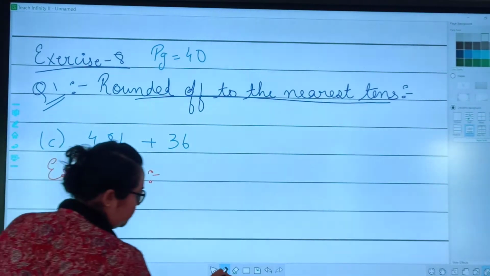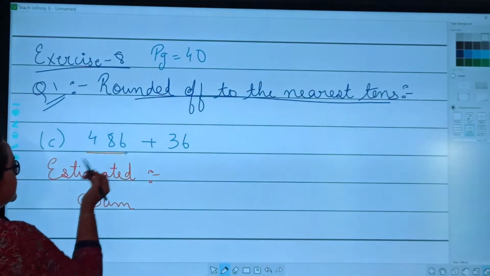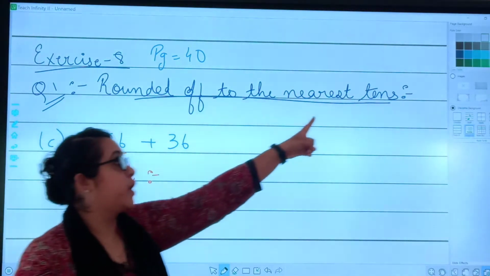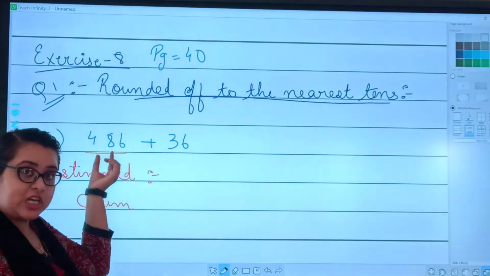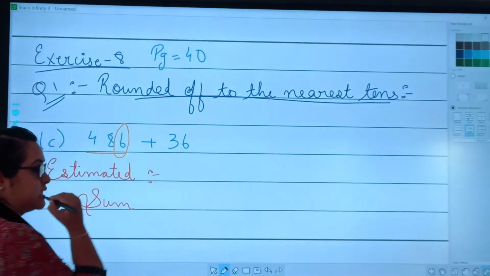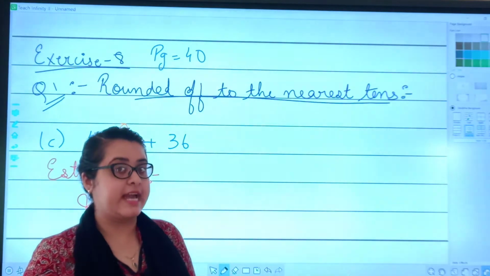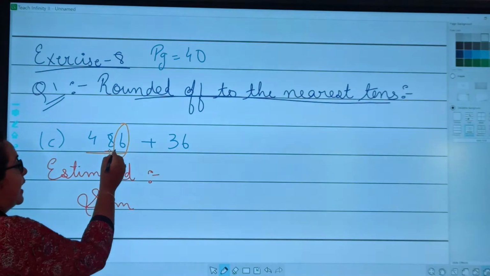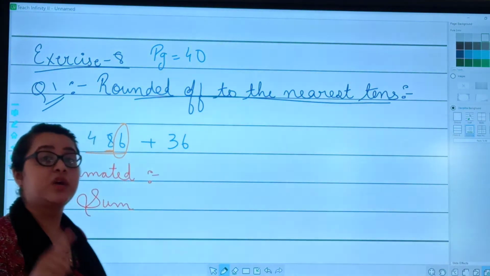This, students, 486 will be rounded off to... always observe, हमें क्वेश्चन में क्या पूछा है, tens. जब भी मुझे बोला है मुझे tens को round off करना है तो मैं किसको देखूंगी? मैं ones को देखूंगी. That means 6. क्या 6, 5 से बड़ा है या छोटा है? Yes exactly, 6 is greater than 5. So what will be done? 1 will be added here. So 486 will be replaced by 490.